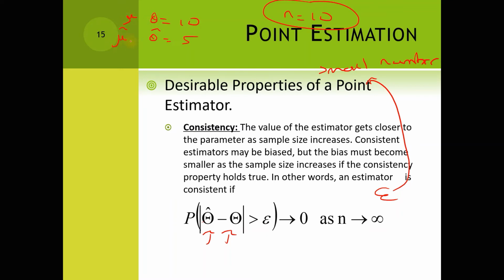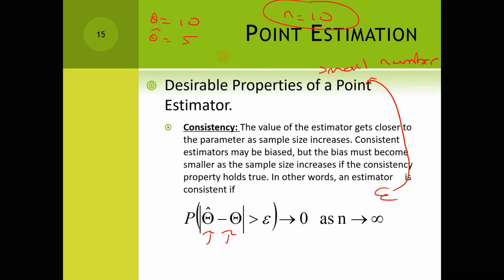Mu cap is theta cap and mu is theta. Just remember it like that, where mu cap is your x bar that you are using to estimate mu, the true value. So this is just to make things easier for you if you are having difficulty understanding what I'm talking about. But I'll stick to this theta cap and theta so that we are consistent with what is in the slides.